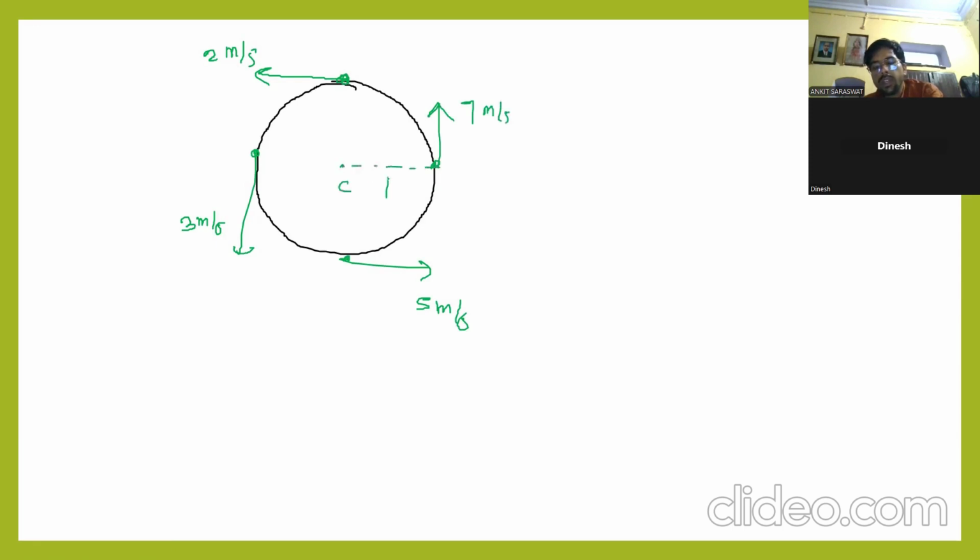Let us suppose the radius is R. My question is about the magnitude of the velocity, not the direction. 2 meter per second is not direction, it is the magnitude. Who is responsible for the change in the magnitude, here 2, 3, 5, 7? There is one acceleration, that is tangential acceleration.